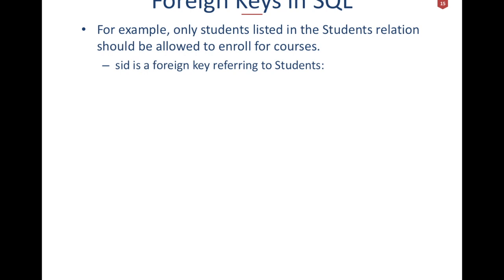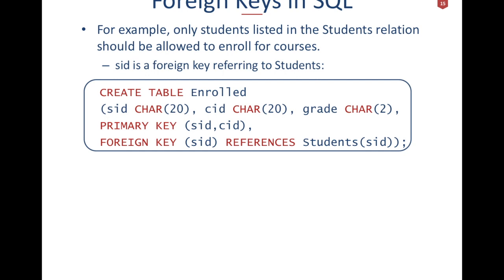So foreign keys are done in SQL, or you can also do it graphically. For example, only students listed in the students relation should be allowed to enroll for courses, and we have seen this example also before. To do that, this is enrolled.